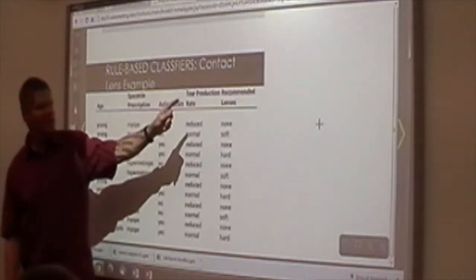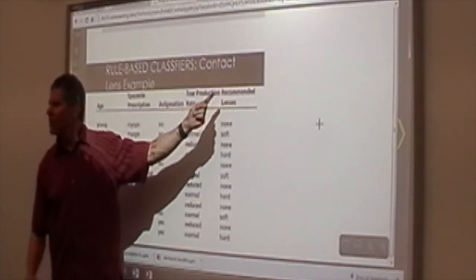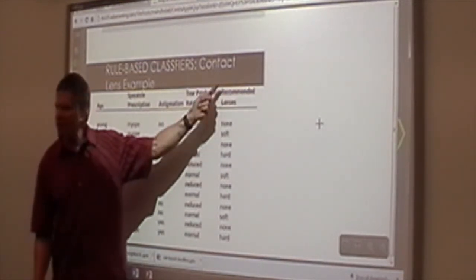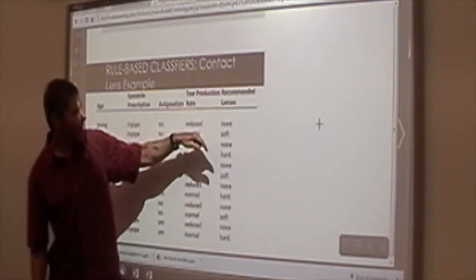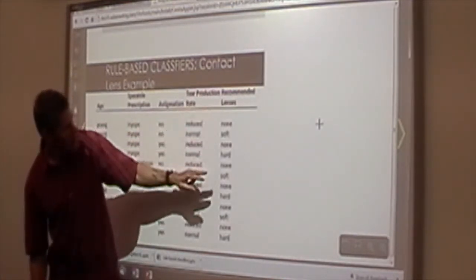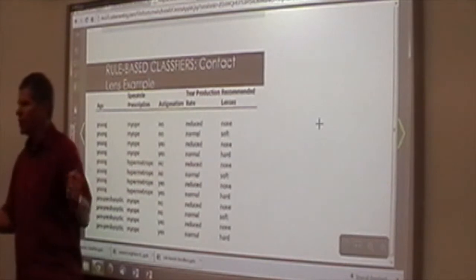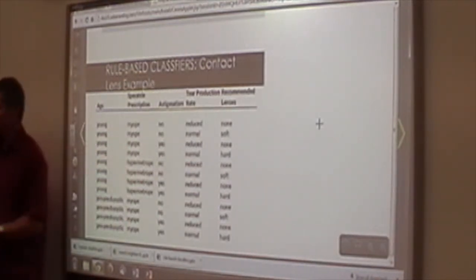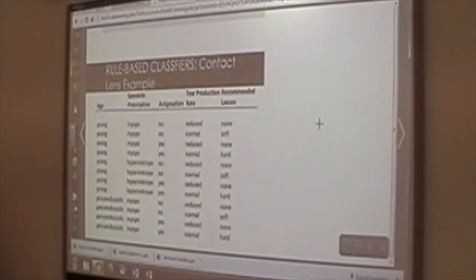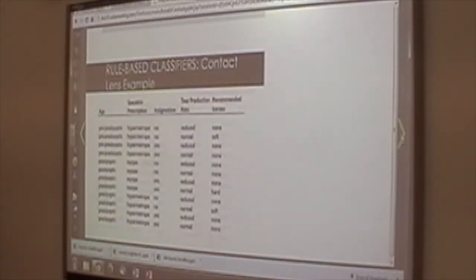The class that we're interested in obtaining is what type of lens to prescribe. Recommended ones would be soft, hard, or no lens, depending on the different attributes. I think there are 24 instances, and the first 12 are here, and the next 12 are on this second page.